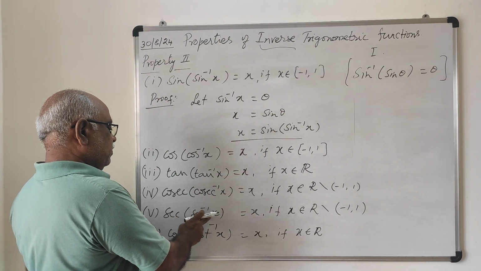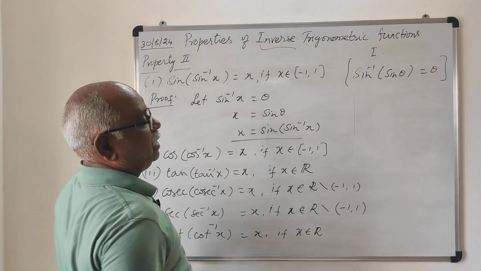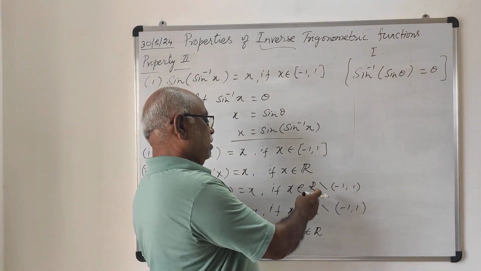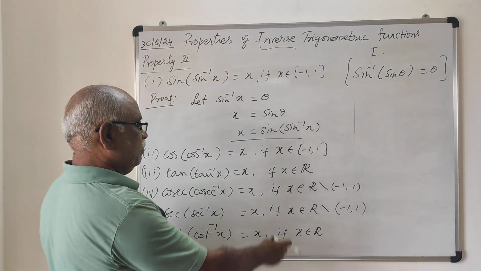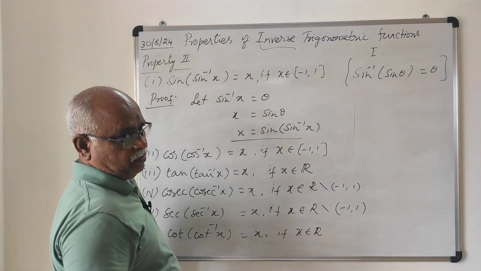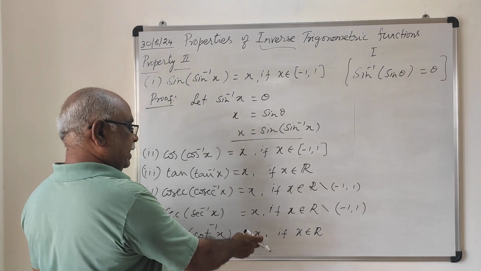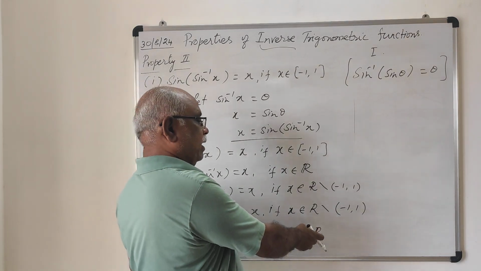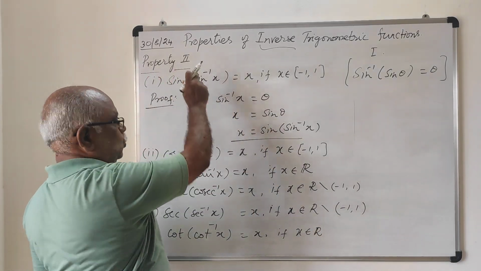Fifth one, secant of secant inverse x equal to x if x belongs to the real line except the open interval minus 1 comma 1. The same domain for cosecant and secant inverse. Finally, sixth one, cot of cot inverse x equal to x if x belongs to the real line R. So these are the 6 results under property 2.